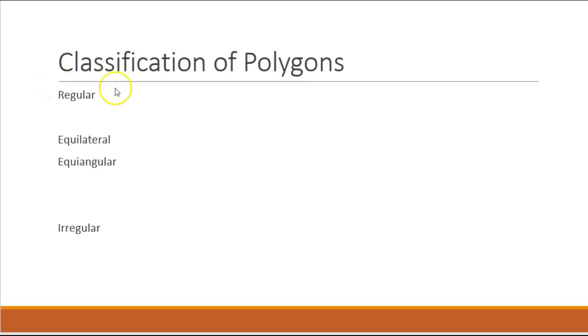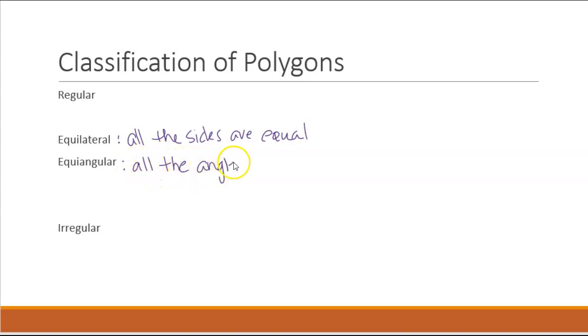So let's do some more classifying. First, we know what equilateral and equiangular are, right? Equilateral is all the sides are equal. And equiangular, all the angles are equal. So guess what?